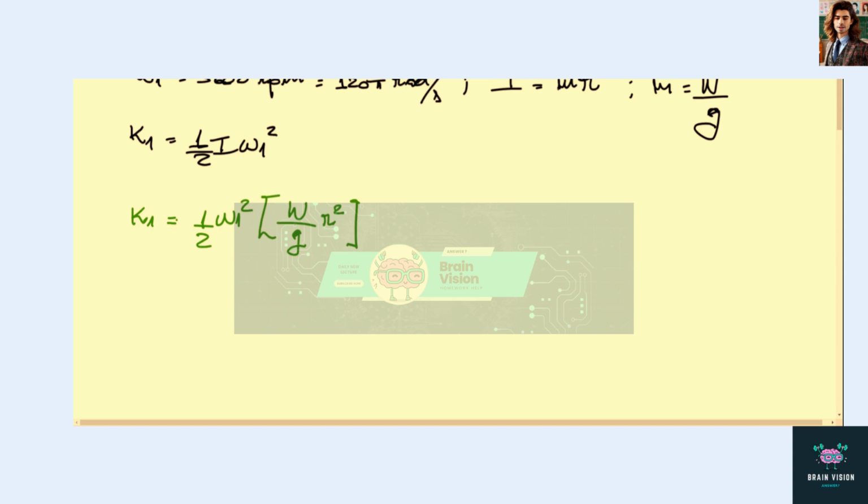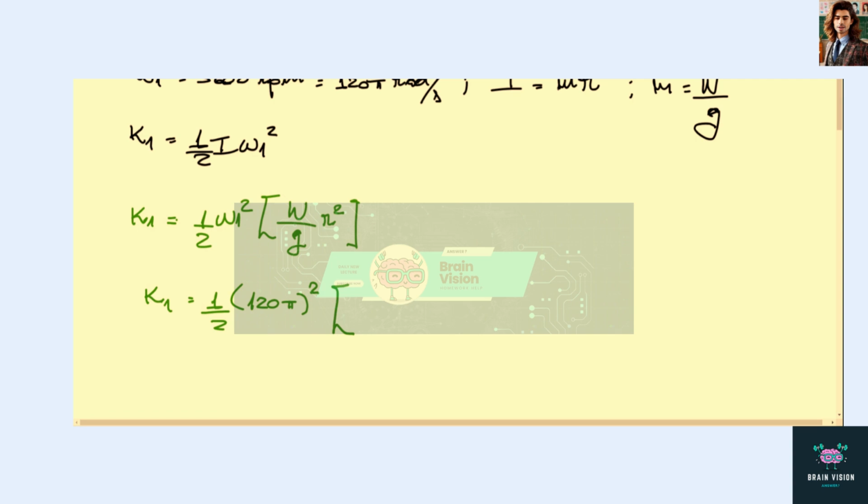So first of all, let's substitute all the numerical values in here. K1 is going to be equal to half omega, where omega is 120 pi, squared.